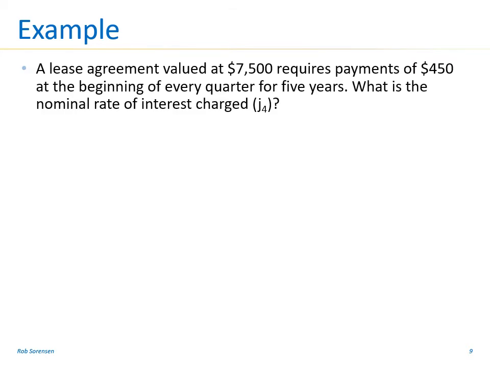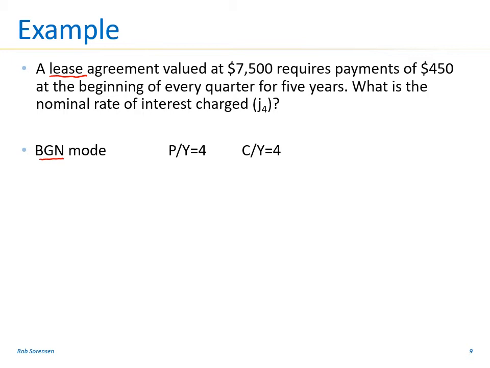All right, let's have a look at an example. We've got a lease agreement valued at $7,500, which requires payments of $450 at the beginning of every quarter for 5 years. What's the nominal rate of interest charged? And I want it as a quarterly compounded rate, J4. All right, so it's a lease agreement. That tells me that payments are at the beginning of each period.